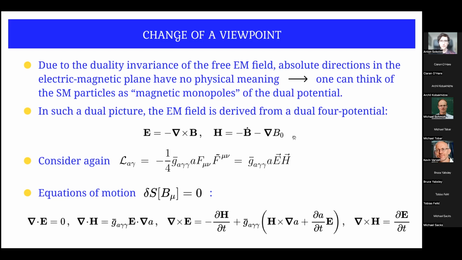If we treat electromagnetic fields in terms of this dual potential, then all electrically charged particles, although they have electric charge, have this electric charge arising, so to say, as a magnetic monopole from the B potential. Because of the electric-magnetic duality symmetry, this is a completely valid picture, and one can now consider again the coupling of the axion to electromagnetism.